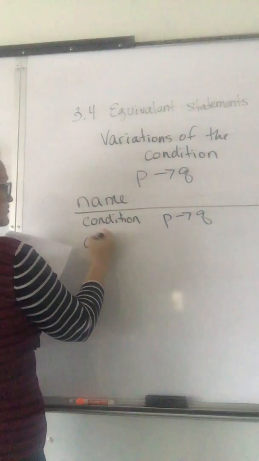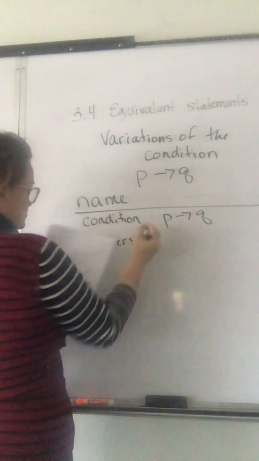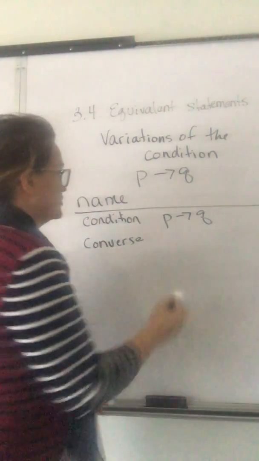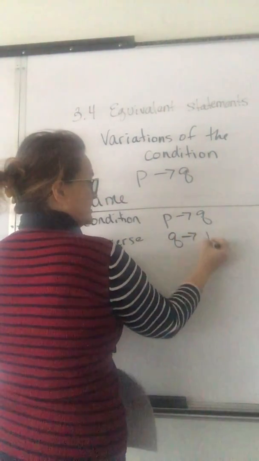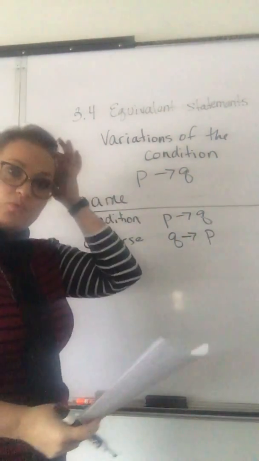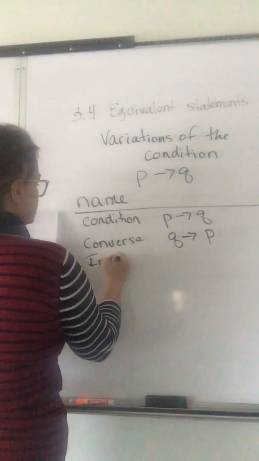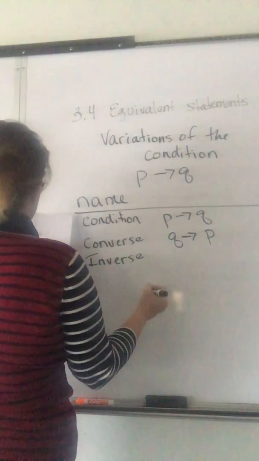All right, the converse of the conditional. When we say the word converse, we're actually switching the order. We're saying if Q then P. So it switches the order. The inverse of the conditional negates.